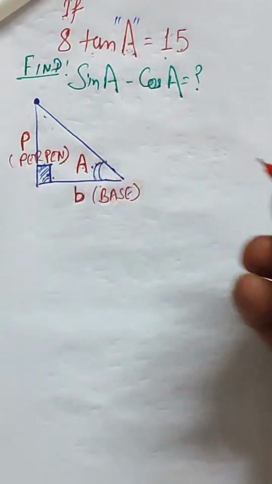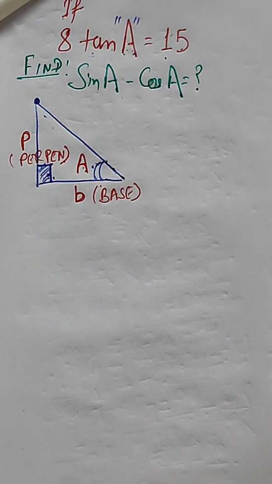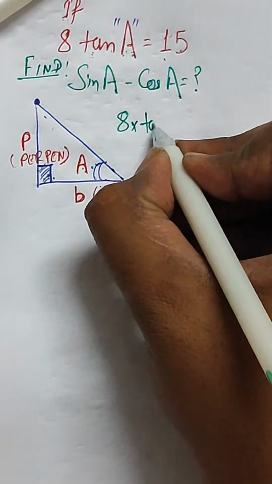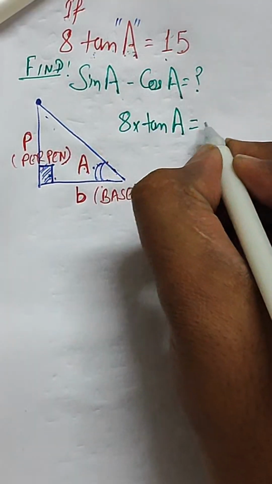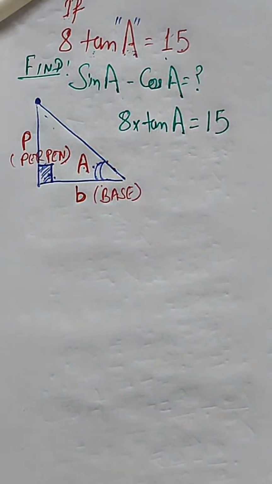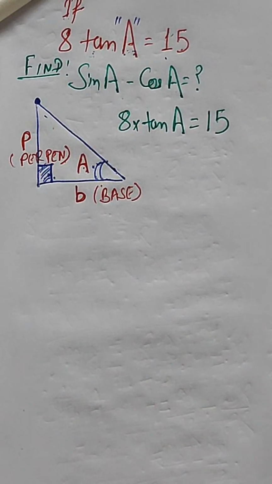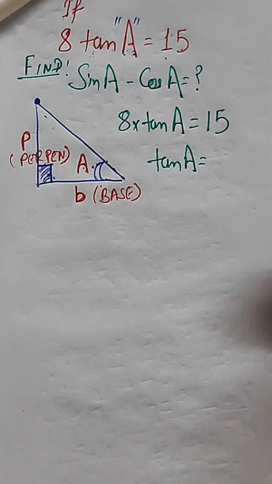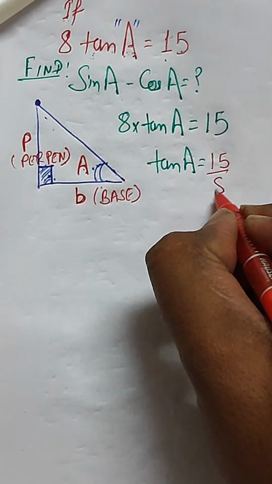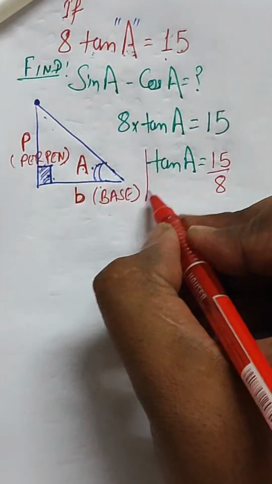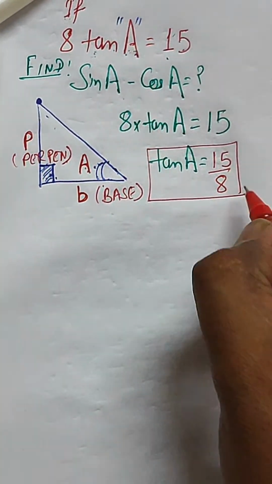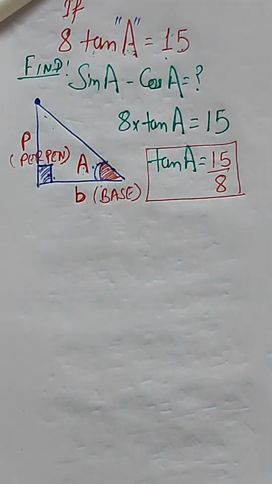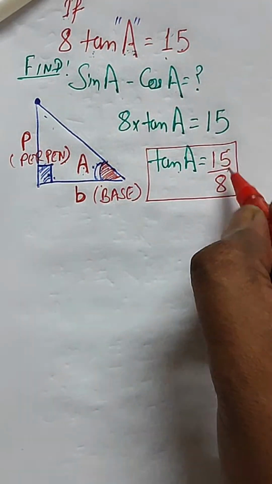Now here you can see 8 times tan A is given to you as 15, right? So can't we say that the value of tan A is 15 by 8?